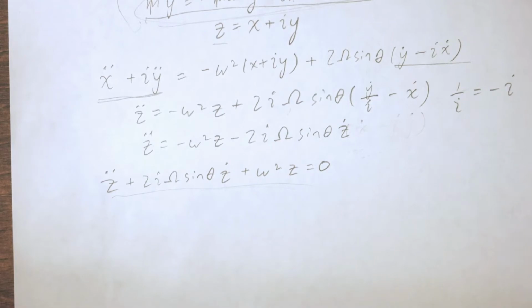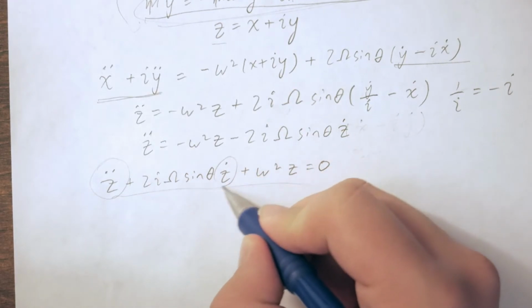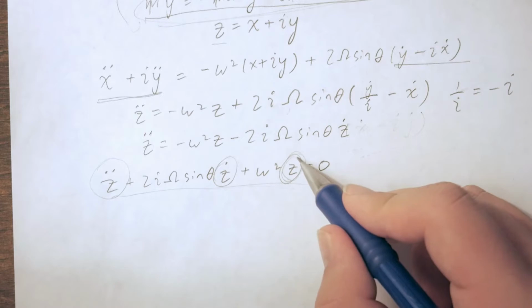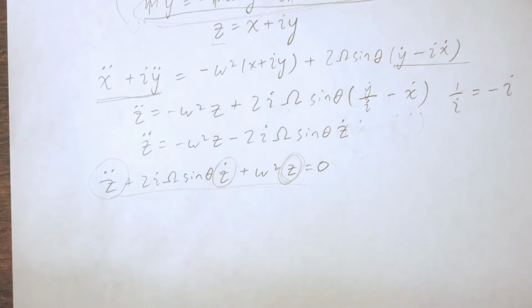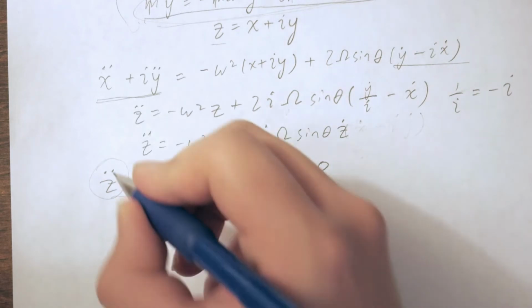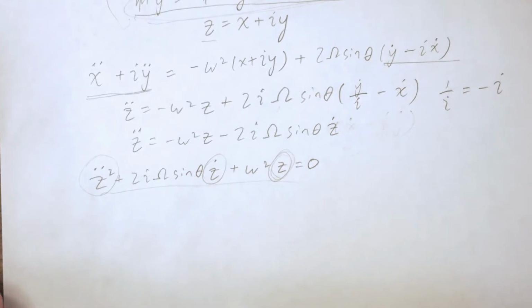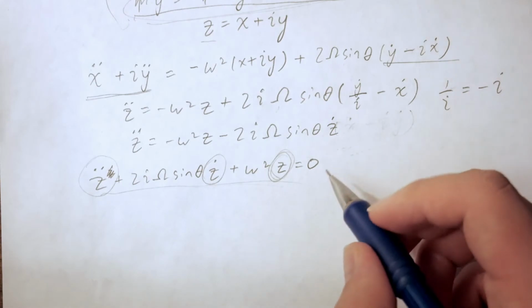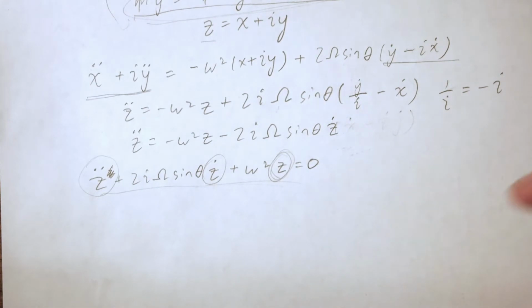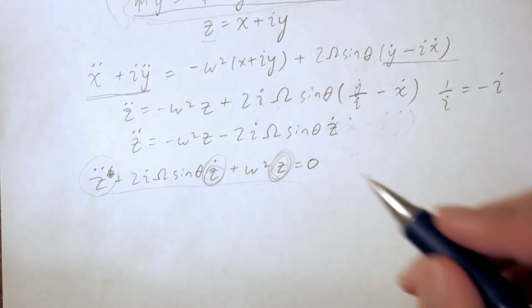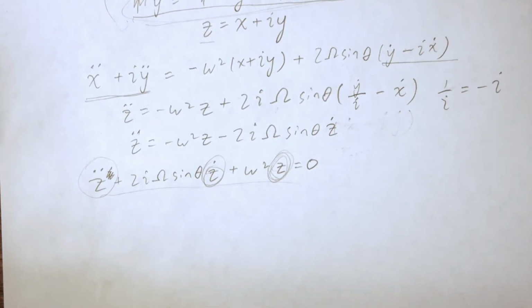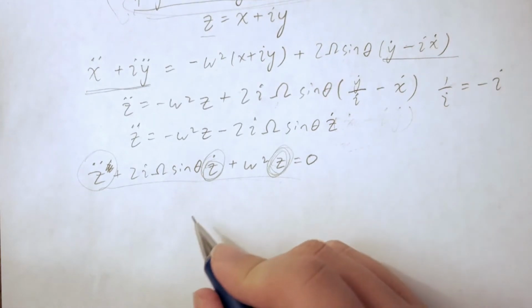It's linear because the function and its derivatives appear in linear terms, so they're not squared. If this was squared here, then it wouldn't be a linear equation anymore. It's also homogeneous because you don't see the independent variable anywhere. You only see the function. So if there was a t, then it wouldn't be homogeneous anymore.